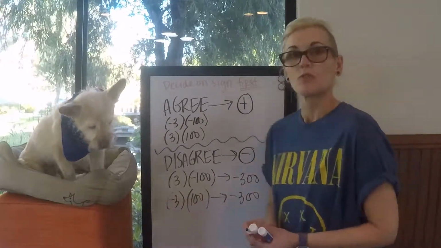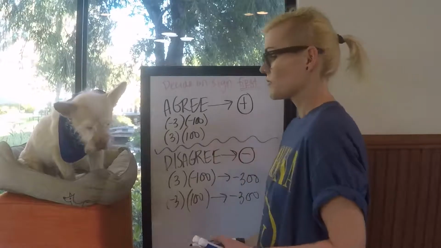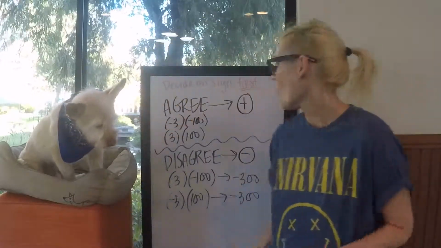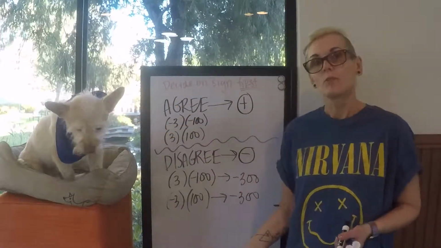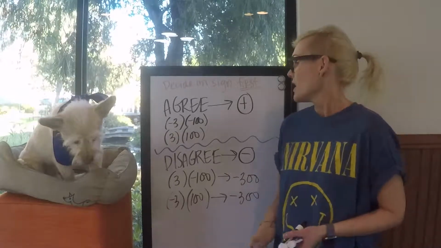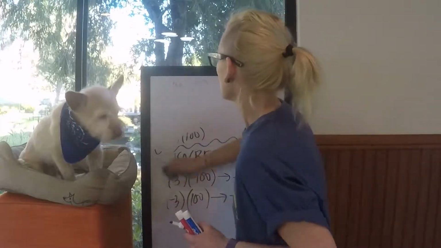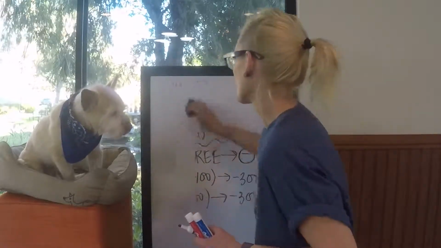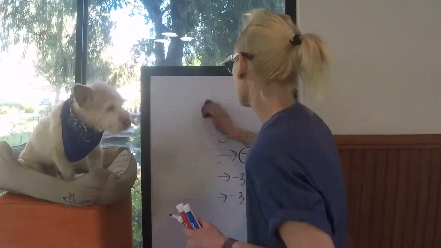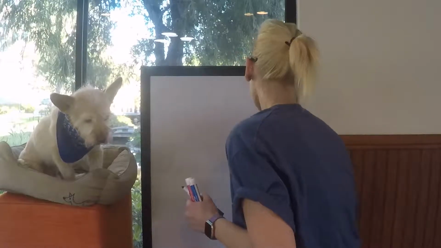Okay, there's one more thing we can talk about with multiplication and division, because we're not always going to be multiplying with just 2 numbers, and that is what happens when I have more than two numbers. These rules work for multiplication and with division. So let's put some examples up here.